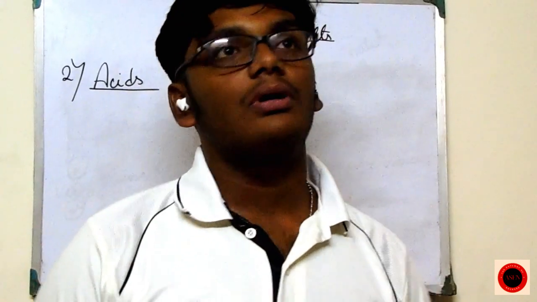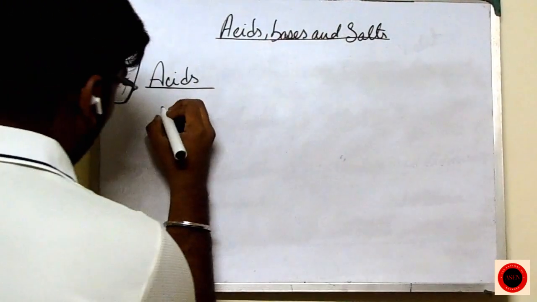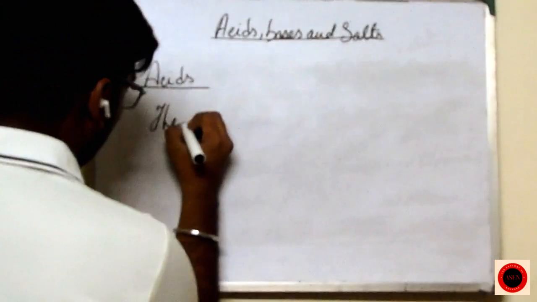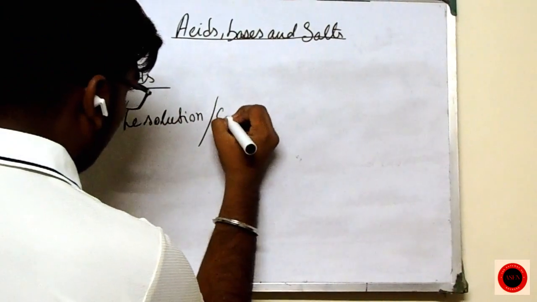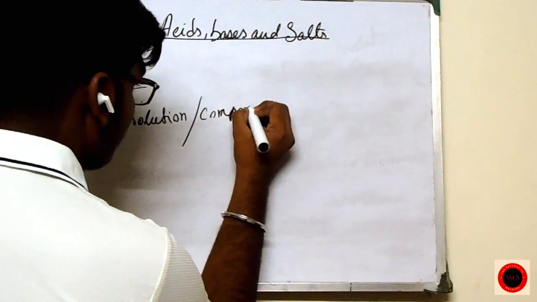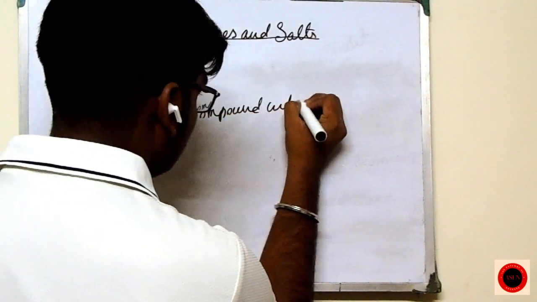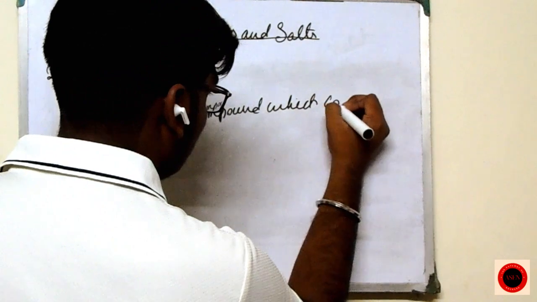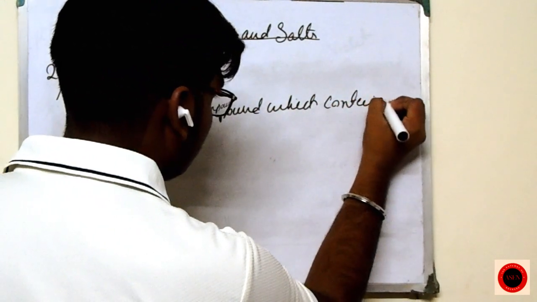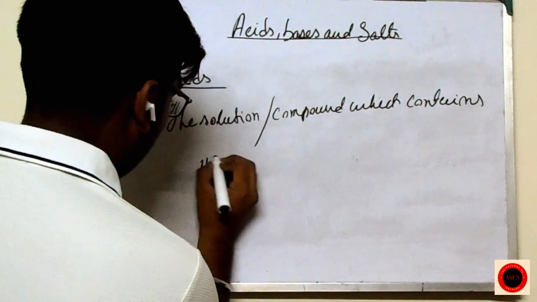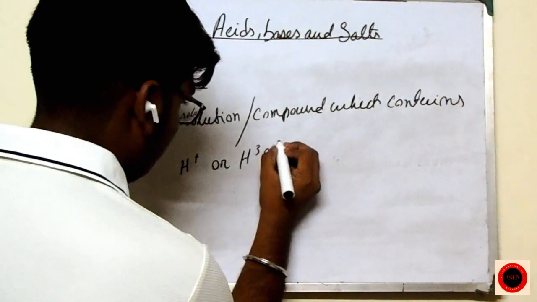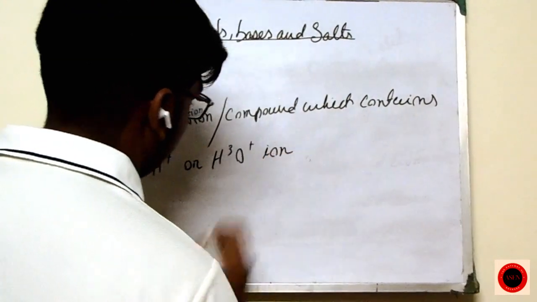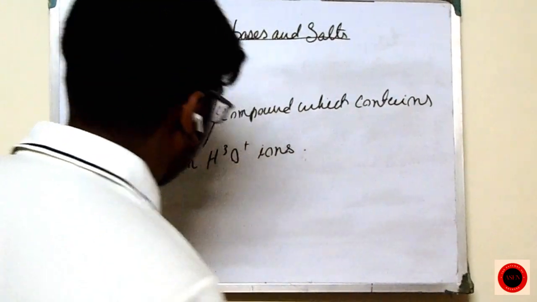So the solution or the compound which contains H plus or H3O plus ions is an acid.